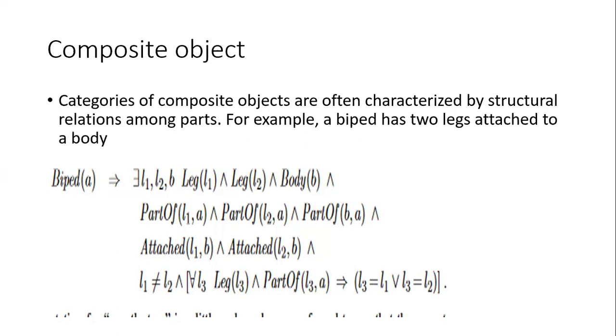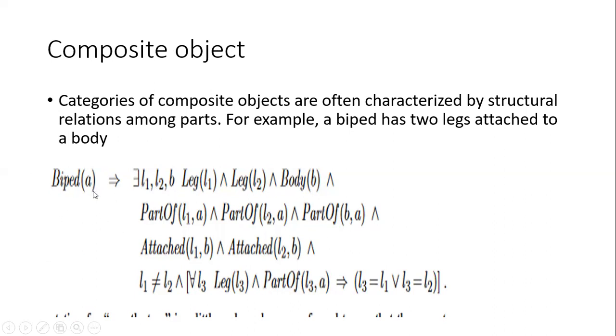To say A is a biped, we should have L1, L2, and B, where L1 is leg 1, L2 is leg 2, and B is the body.